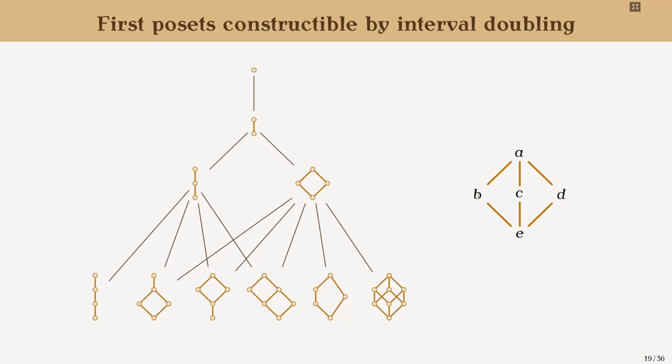Because here we have 5 elements, and if it was possible to obtain this lattice by a doubling operation, we would necessarily see this lattice in this diagram, because except for this one, we already have lattices with 5 or more elements, 5, 6, 5, and 6.